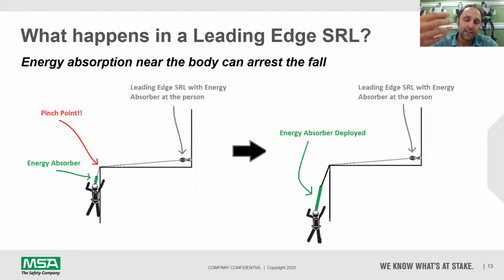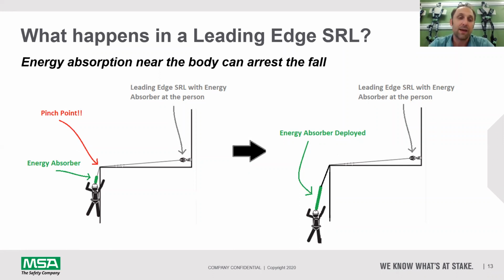So how is the industry progressing to improve safety? That's where it comes back to putting the energy absorption on the person. In that same exact scenario, you've got the SRL down low, an unfortunate fall event occurs, and you're still going to probably get that pinch point at the edge.